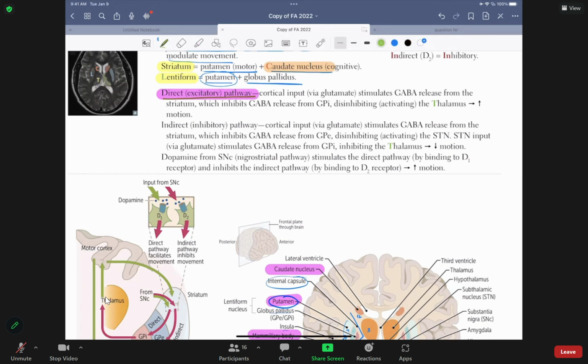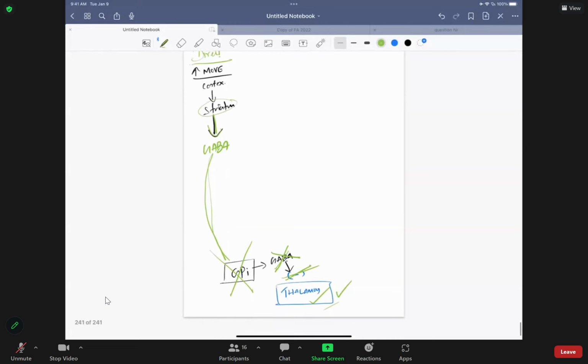Look at this. GABA release from GPI is inhibiting, activating the thalamus, increase motion. Is everybody clear, folks? I literally took this paragraph and I gave it to you in the points form. Go ahead and write this down.